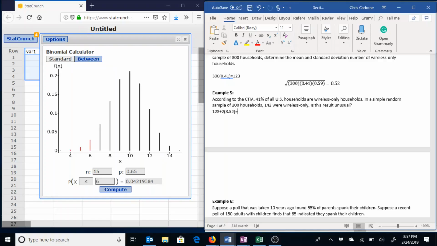And that value was 140.04. 143 is indeed greater than that. Right? So because 143 is greater than 140.04, then yes, it is unusual.